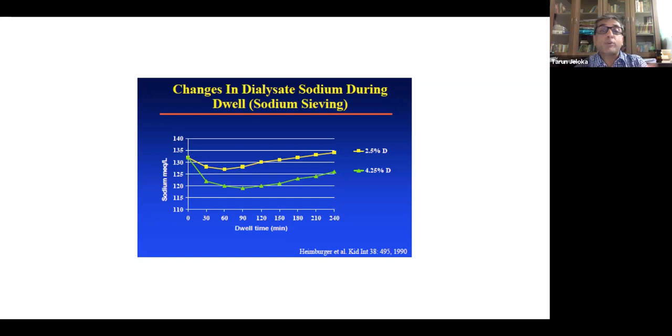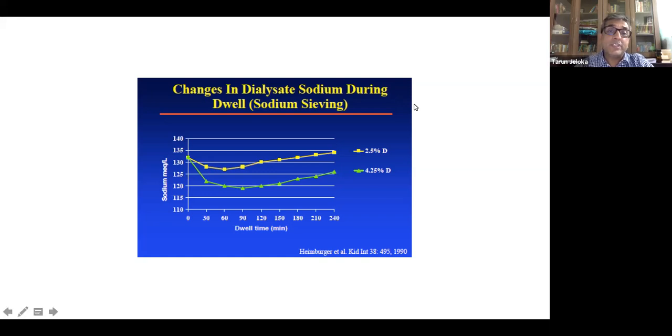And as the PD process goes on, it is equilibrated because the small pores get activated and salt and solutes start coming into the peritoneal cavity. I hope you understand this part. This is very important. All this transfer, the gush of fluid from the aquaporin, occurs in the first hour. So when you instill 2.5% dextrose, in 1 hour the sodium concentration in dialysate is minimum.